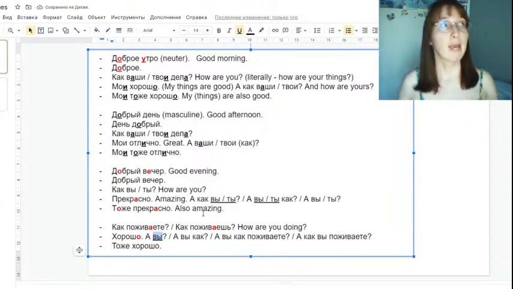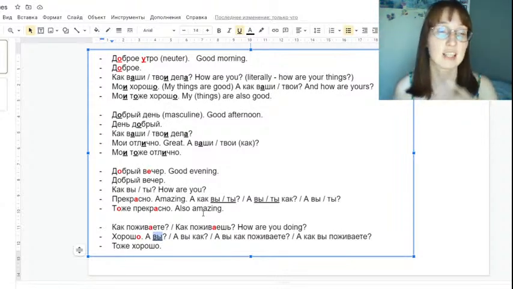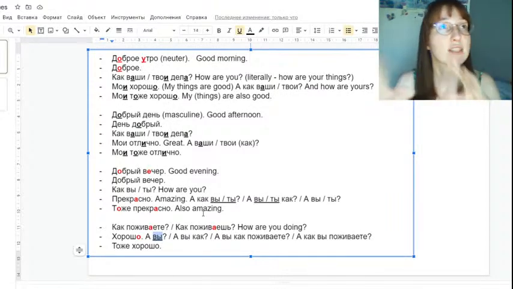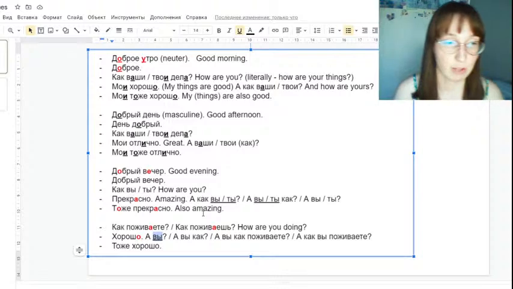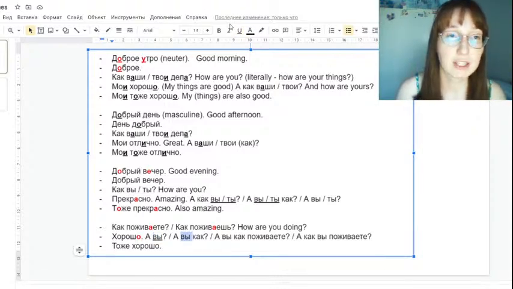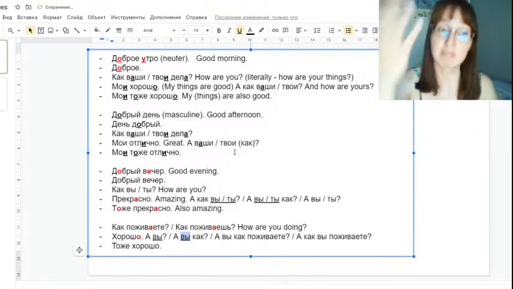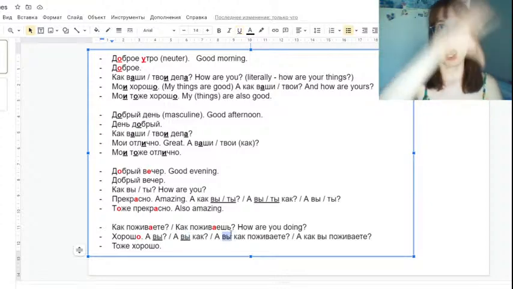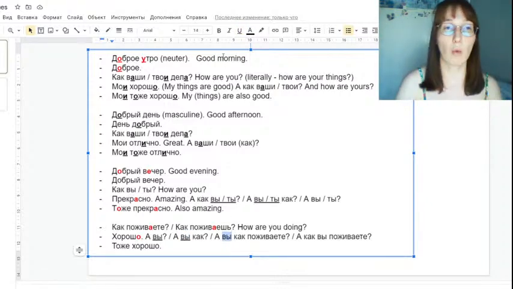We make two kinds of stresses, a stressed vowel and a stressed word by intonation. А вы как? Again, вы, we mark this word by intonation. А вы как?